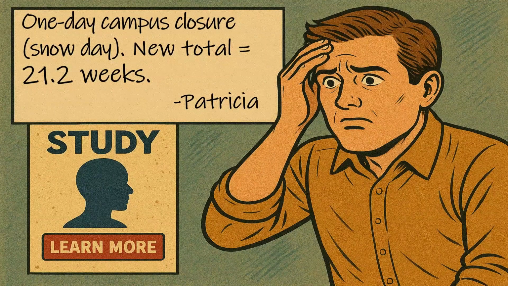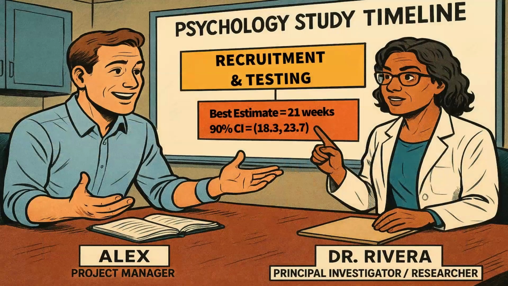So that pushes them back an entire day. Their new total is 21.2 weeks. And again, not a problem because the confidence interval holds. This new updated best estimate, 21.2 weeks, is still within that lower bound of 18.3 and that upper bound of 23.7 weeks.